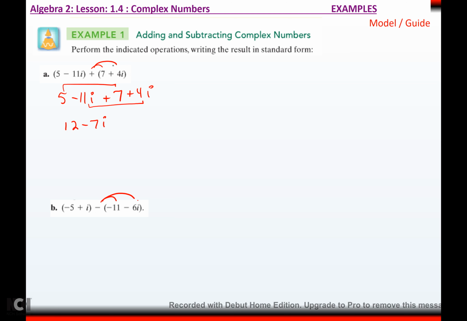Subtraction, you just have to be careful because every term that you're subtracting is going to change signs. This is going to be -5 plus i plus 11 plus 6i because I distribute the negative. So now if I combine like terms, -5 plus 11 is 6, 1i plus 6i is 7i. And that would be my answer.